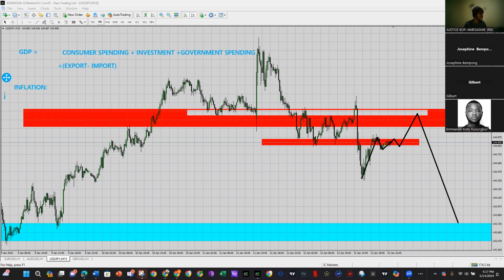When inflation is very high, it is very bad for the economy, which means that if you are using the US dollar for an example, and they've released an inflation data and the data is high, it means that the dollar should be weak, technically. So anytime they release an inflation data of a particular country, you are interested in looking at that data to see whether it is positive or negative for that currency.